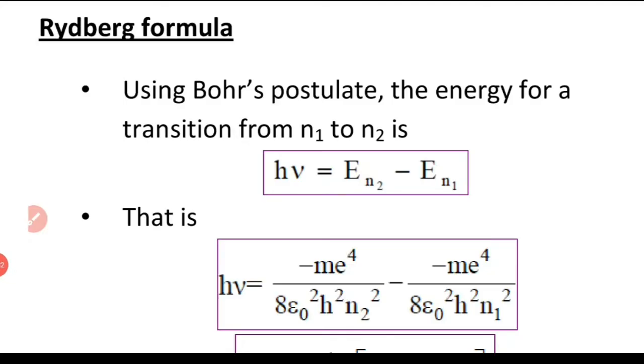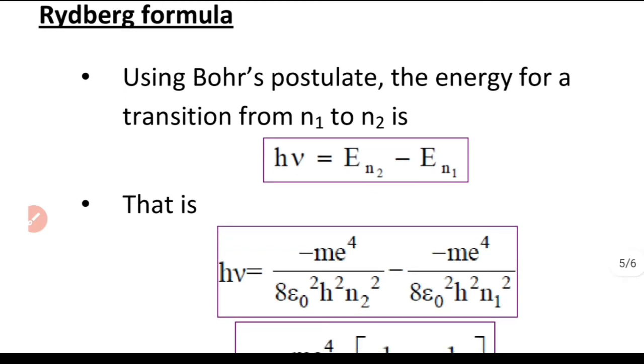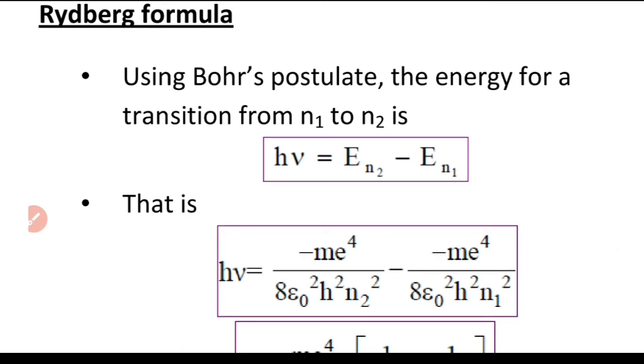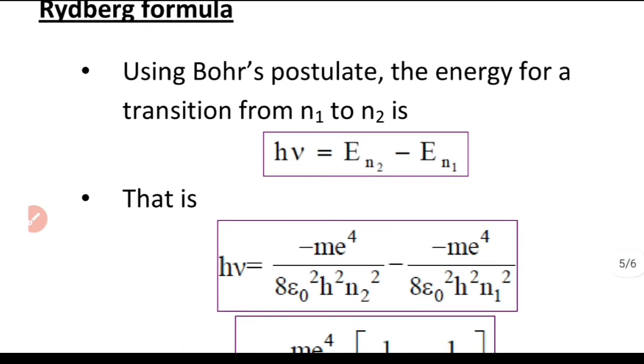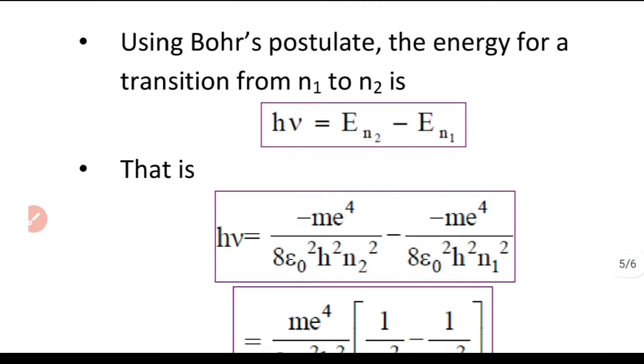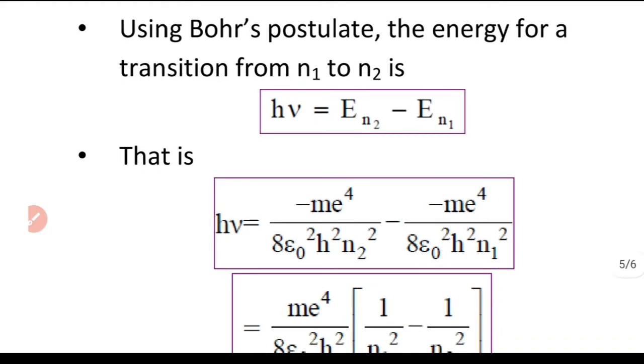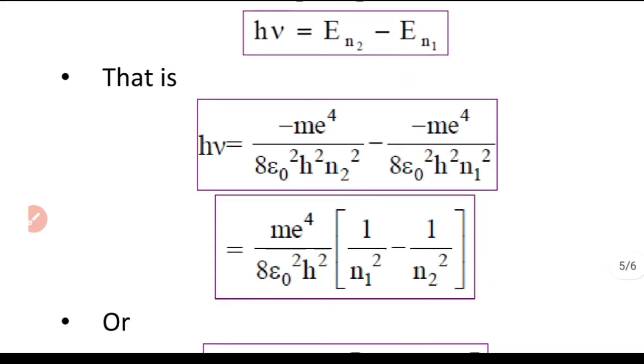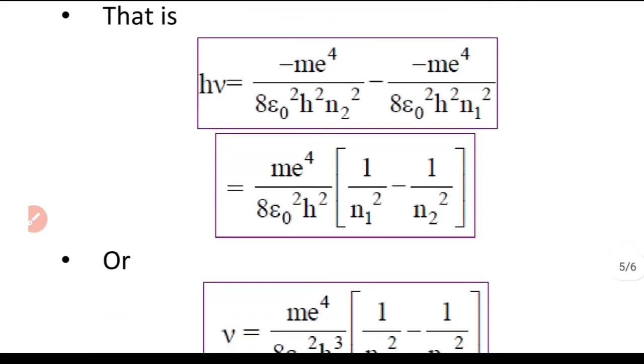The empirical formula which Balmer derived without any theoretical support can be obtained from the Bohr model in the case of the hydrogen atom. Using the Bohr postulate, the energy for a transition from n1 to n2 is given by h nu = En2 minus En1. So we have h nu = minus m e^4 by 8 epsilon 0 square h square n2 square minus (minus m e^4 by 8 epsilon 0 square h square n1 square).